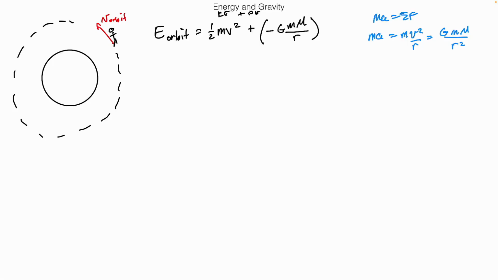Last time we did this, we played around with this and we got little g. I don't want to start getting rid of things that I might need. So what I'm going to do is take this, mv squared over r equals GMm over r squared.